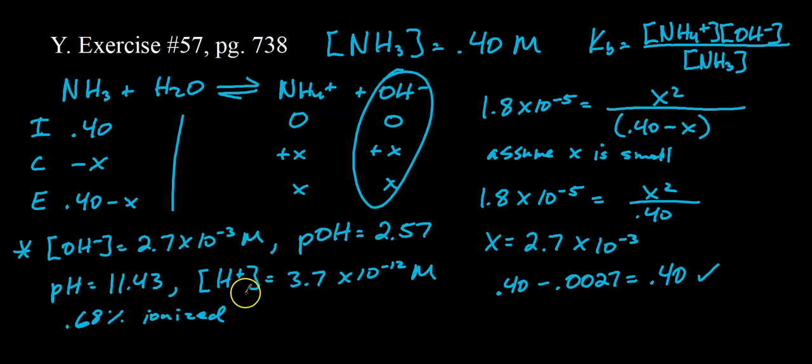Anti-log of negative 11.43 to get the H plus concentration, and then take our X value, 2.7 times 10 to the negative third, divided by our initial concentration, 0.40 molar, times 100 to get the percent ionization, 0.68% ionized. Make sure to check your assumption of X being small, so I plugged it in here. 0.40 minus X gives us a rounded value of 0.40. So that is all good.